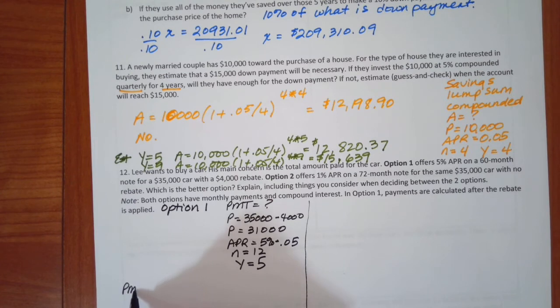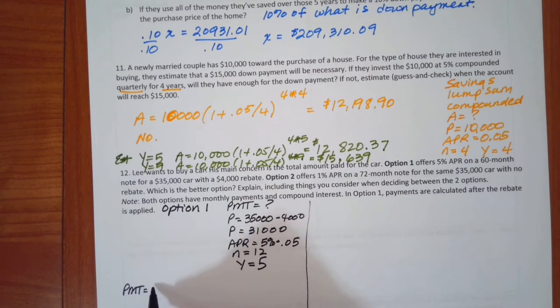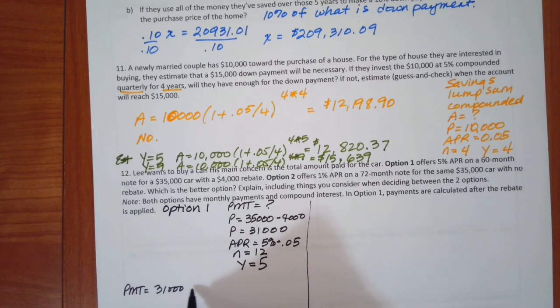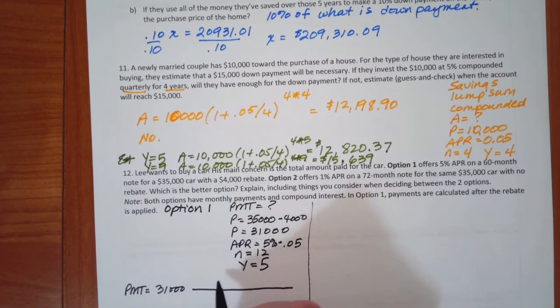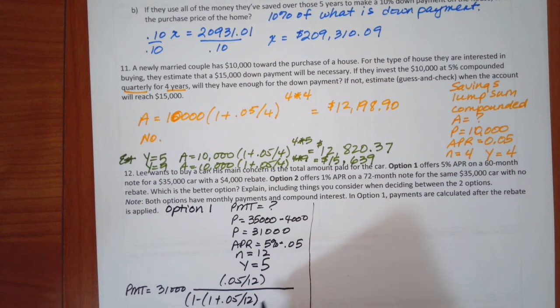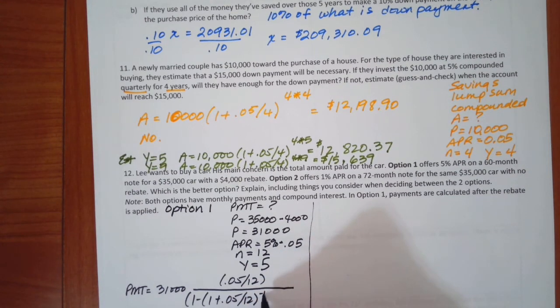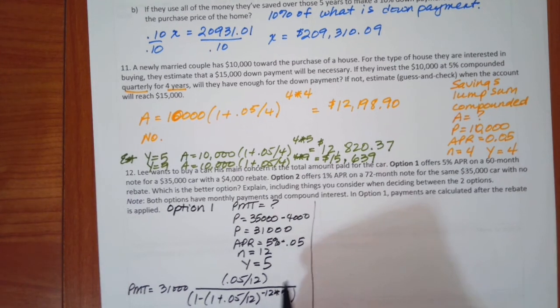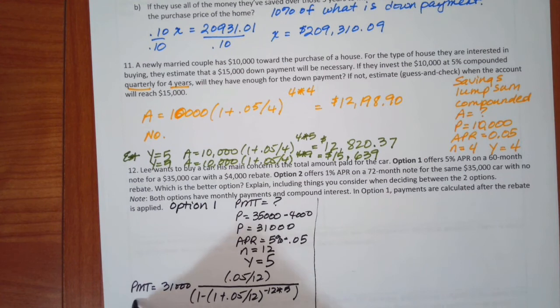Okay, so the payment is 31,000 times 0.05 divided by 12 divided by 1 minus 1 plus 0.05 divided by 12 to the negative 12 times 5. So the payment is $585.10.